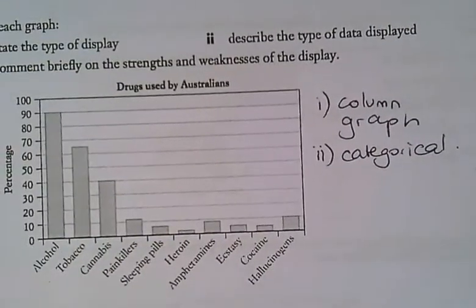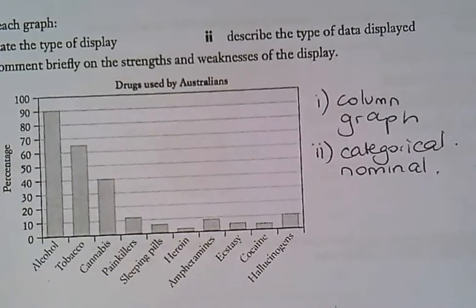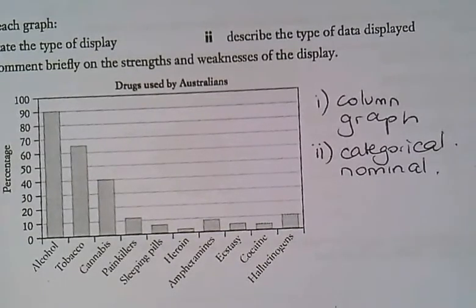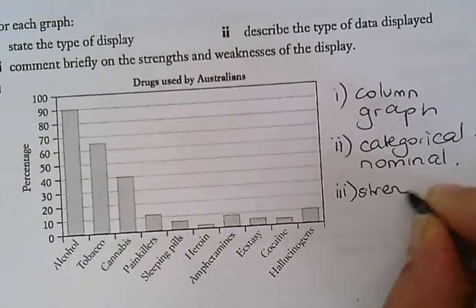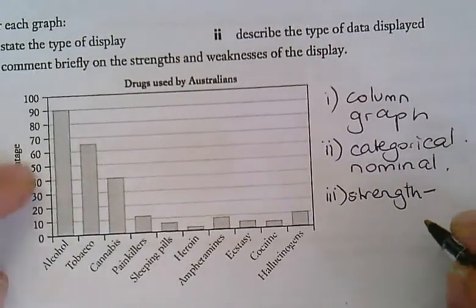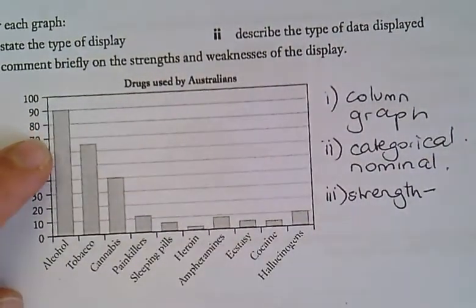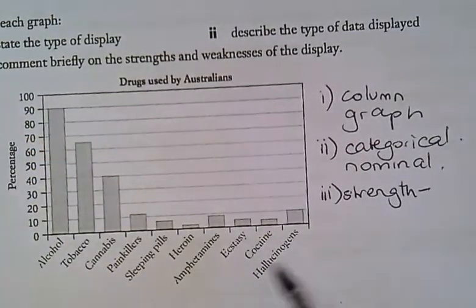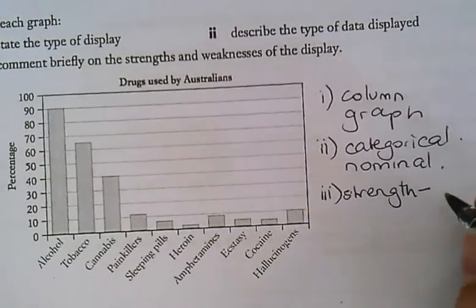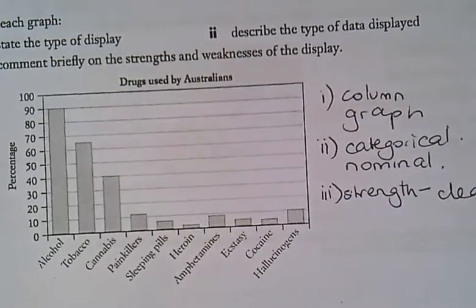Okay, and comment briefly on the strengths and weaknesses of the display. A strength of this would be that it's very clear. You can clearly see alcohol is the most widely used drug by Australians, and that these others like heroin is the least. All right, so it's very clear.